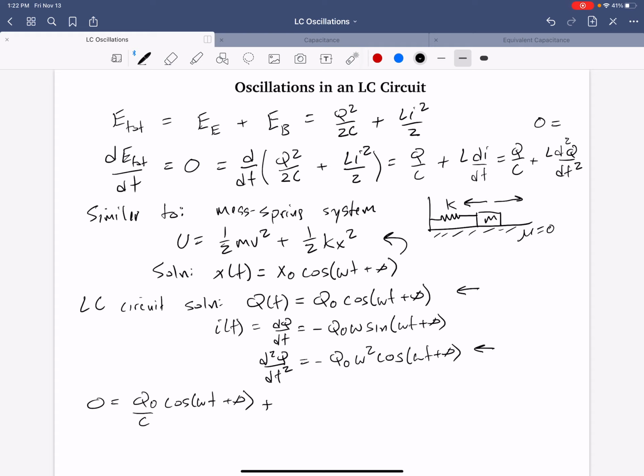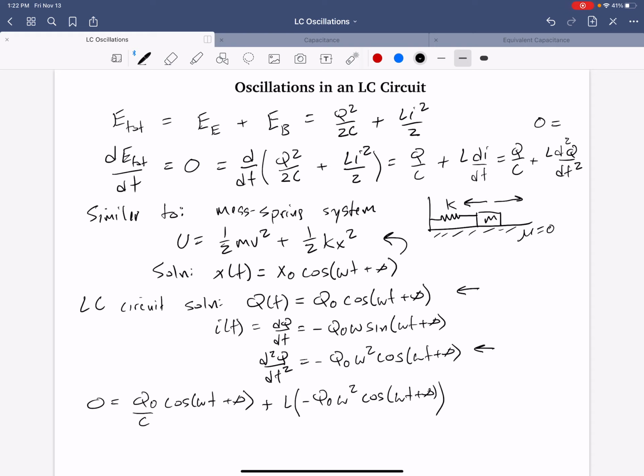So now I'm subtracting L times negative q naught omega squared cosine. Okay, and that's all equaling 0.